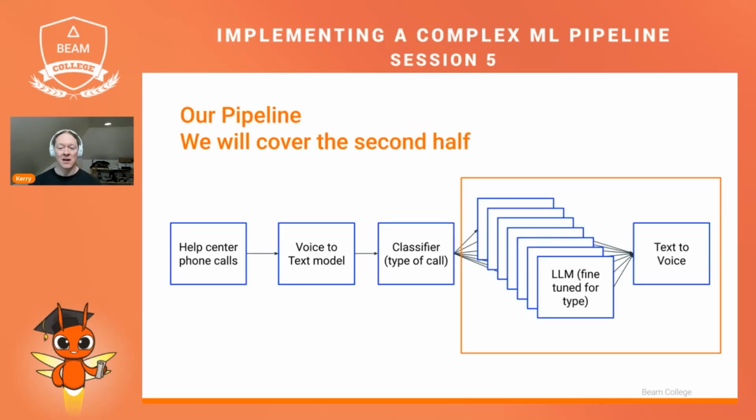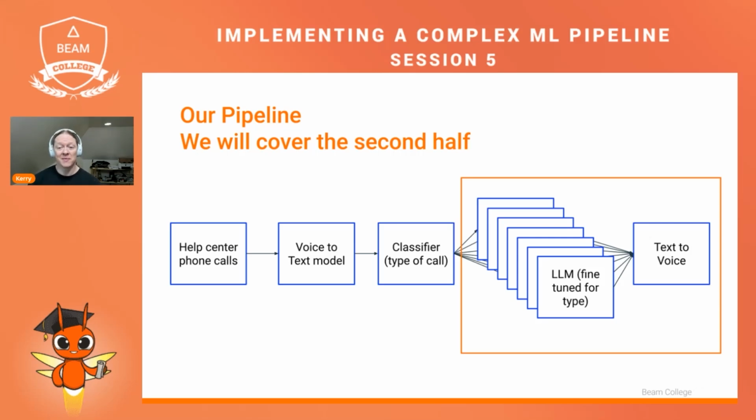So the pipeline, as you remember, takes a phone call, a fake phone call to a fake bank's help center, transforms the words of that call into a text message, and classifies based on the content of that text whether this call is about checking your balance or ordering a new debit card. Depending on which of those requests you have, we're sending it to a different machine learning model.